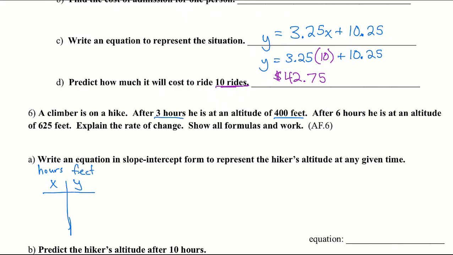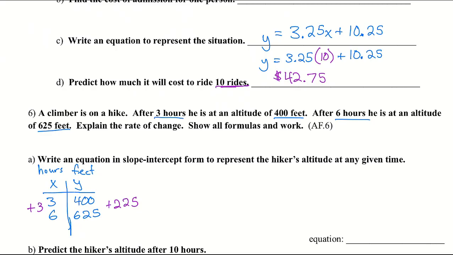And we know that after 3 hours, this climber is at 400 feet. And after 6 hours, he's at 625 feet. The difference is going to be, I think it's 225. 625 minus 400, just to double check. It is 225. And then 3 to 6 is plus 3.